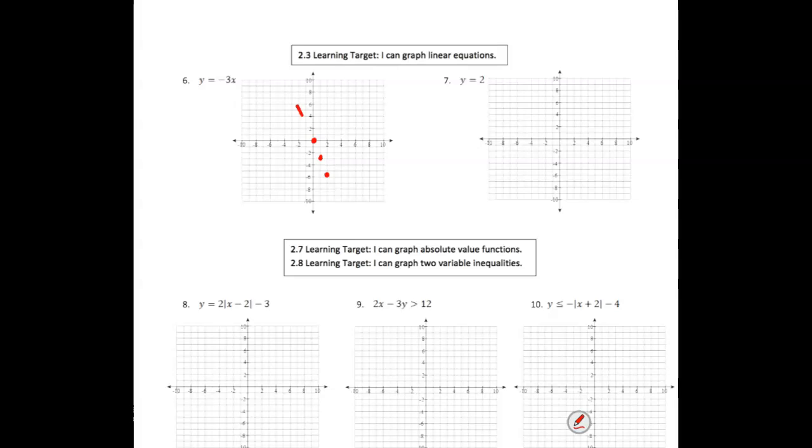And draw a line. Is there any shading in this? No. Right? No shading. Only shading when there's an inequality symbol instead of an equal sign. Okay? Y equals 2. What kind of line? Horizontal. Y equals 2.